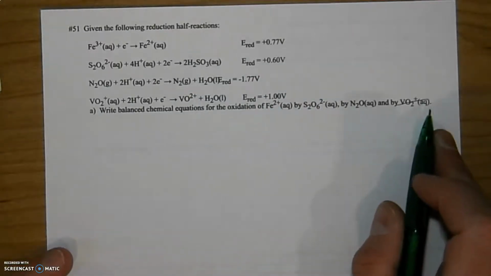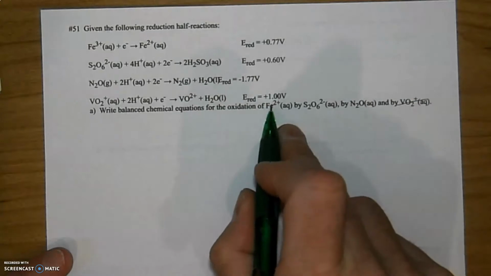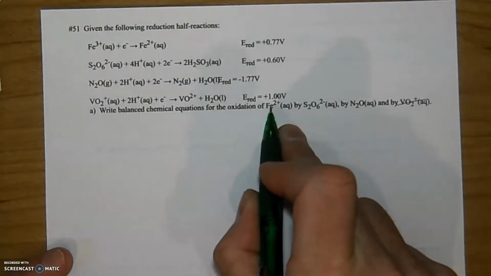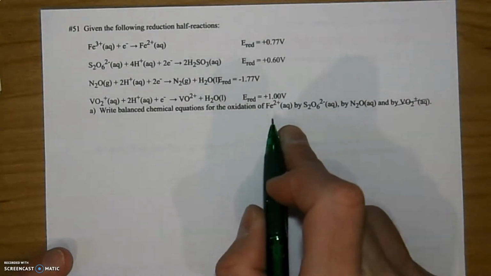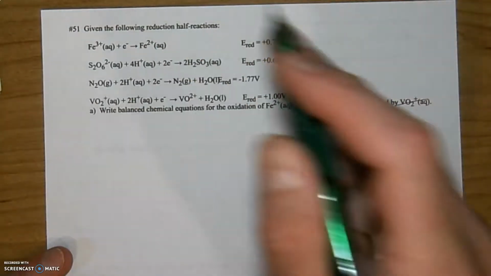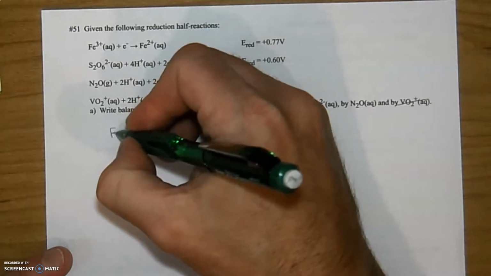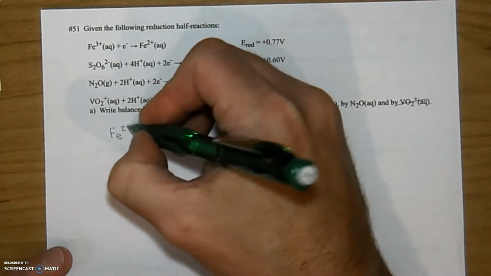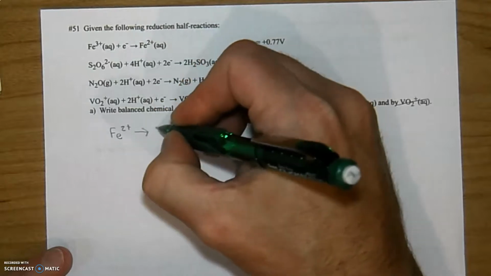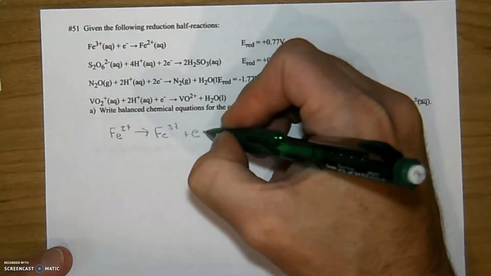Okay, so we want to set up equations showing the oxidation of the iron. So iron is going to be losing an electron. And again, I have these equations up here that I can work with to set that up. To start with, we have iron 2 plus to 3 plus, plus an electron.